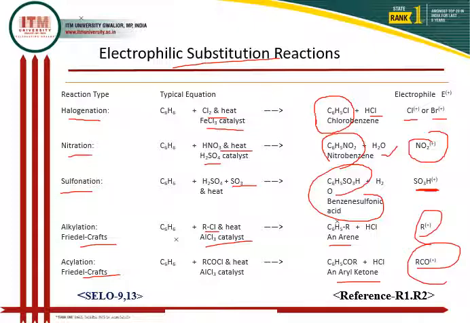So it goes for R, and here RCO. Okay, that forms the ketone group, and hydrogen is removed. In both we have HCl. So these are the important electrophilic substitution reactions of the aromatic hydrocarbons.